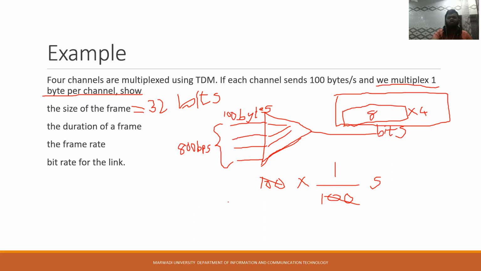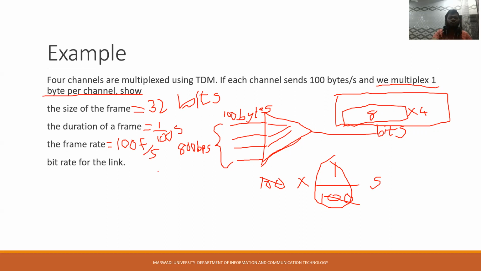So the duration of each frame would be 1 upon 100 seconds. And the frame rate: we are sending 100 bytes, and each frame is having 1 byte. So in 1 second we need to send 100 bytes. So the frame rate would be 100 frames per second.